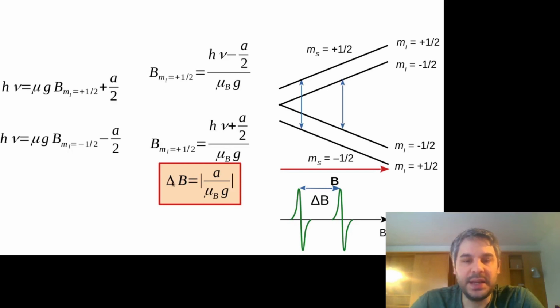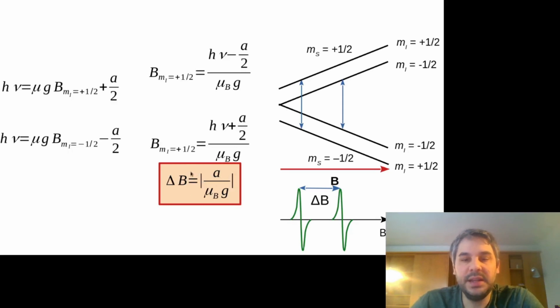So basically we can calculate the difference in delta B between these two energy levels, and basically the h nu over mu B times g will cancel out, and we'll get minus a/2 minus a/2 will give minus a.